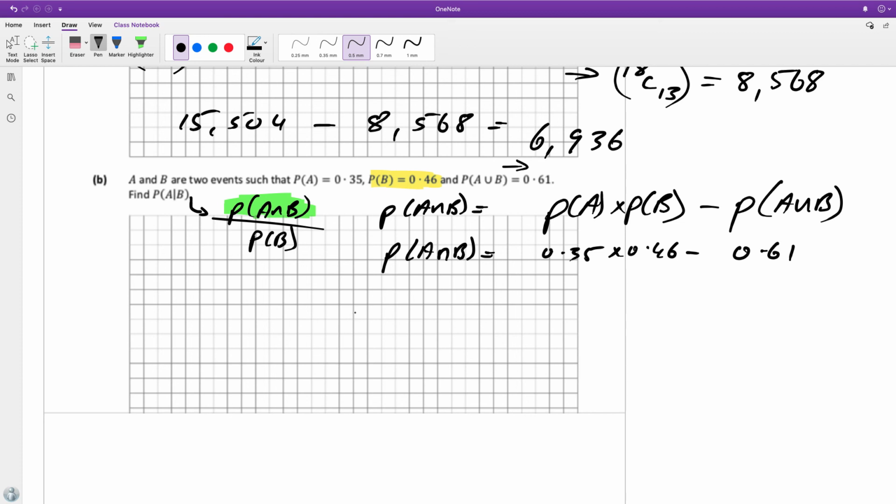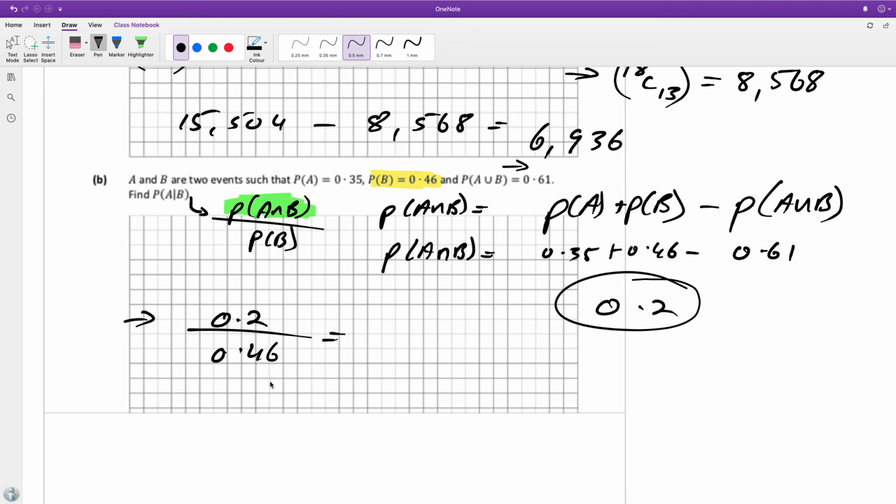Anyone know what it is? Sorry, A plus B. Jesus, Paddy, plus. 0.35 plus 0.46 minus 0.61 is 0.2. So, back to my formula then. Probability of A intersection B is 0.2 divided by 0.46.